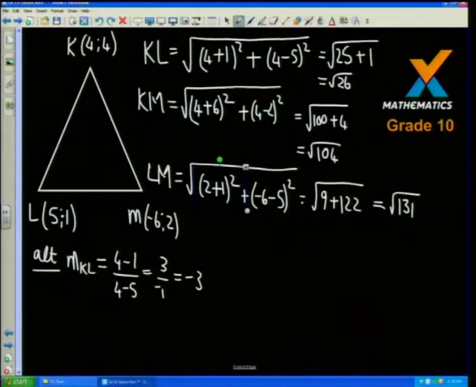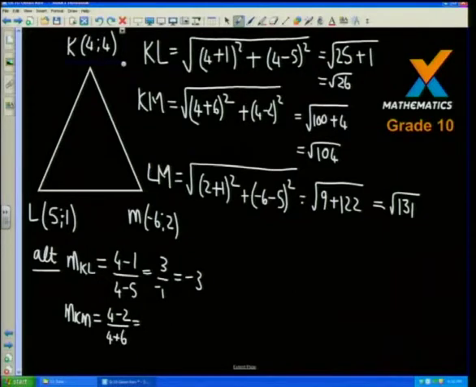If I look at the gradient of KM, the same thing is happening there. For the gradient of KM, which is that line, I need 4 minus 2 divided by 4 minus -6. Now that gives me 4 plus 6.